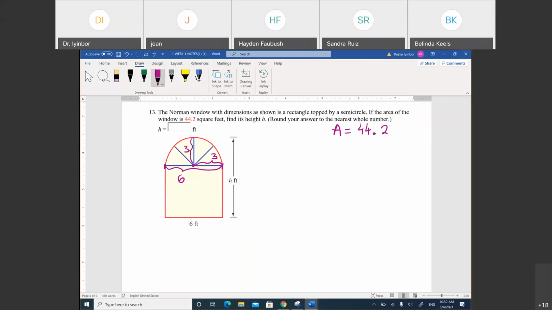So that means the height from the top of the window to the bottom is h. And what is from here to here? It's 3, right? 3 feet. And what is from here to here? We don't know.